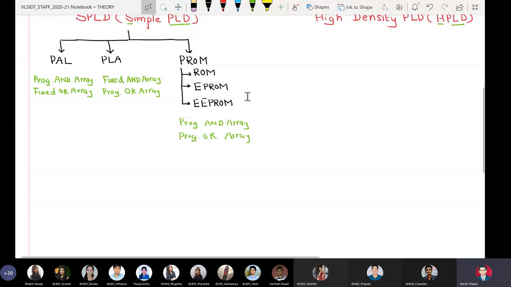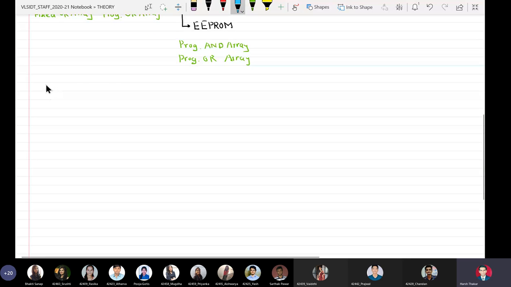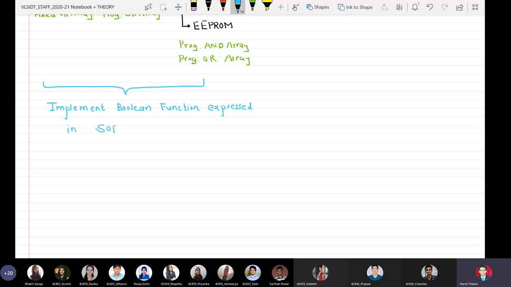That is why PAL, PLA and PROM can actually implement any Boolean function which is expressed as sum of products, right? So all three of them can implement a Boolean function expressed in SOP form.